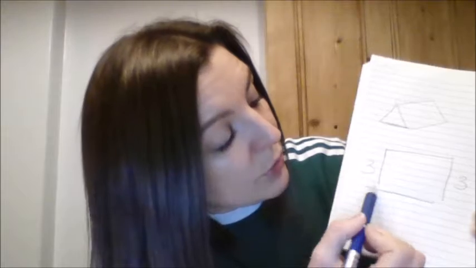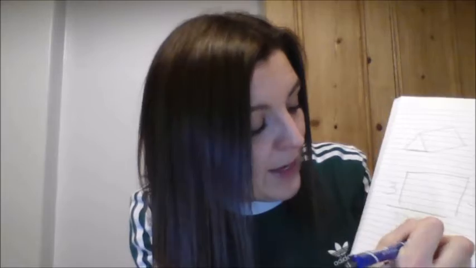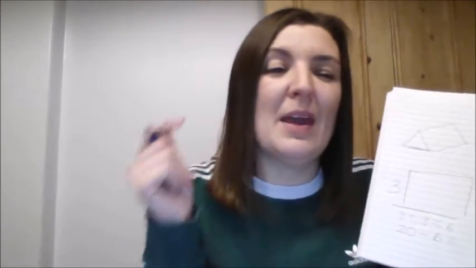So I'm going to do 3 add 3, which is 6. Then I'm going to do 20, because that's what it's got to be all the way round, take away 6, and that gives me 14. So the other two sides have got to add up to 14. So if I do 14 divided by 2, that'll give me what each one of these is.